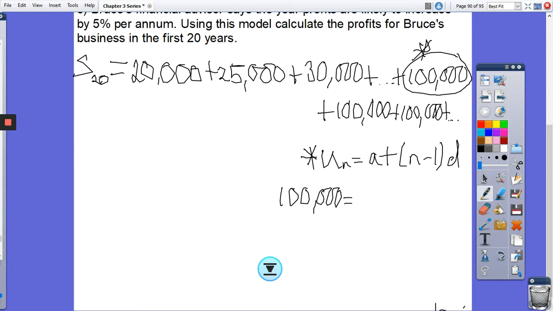A is all the way over here. It's this 20,000 here. And we've got plus N minus 1. And D, well, it's going up by 5,000 each time.